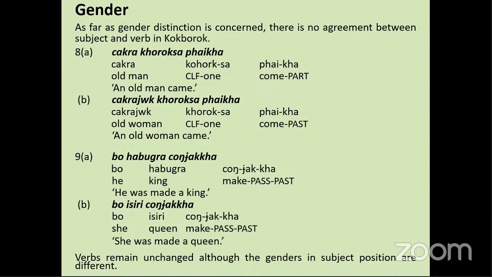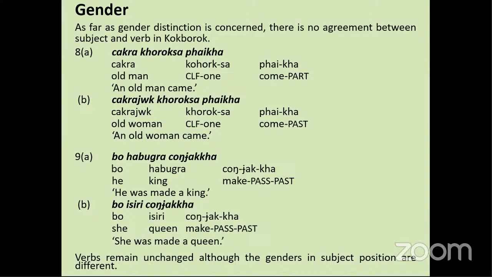Koborok doesn't have grammatical gender. It has ways of identifying natural genders. Human and animate nouns are referred to as masculine or feminine on the basis of natural sex. It means that the gender distinction is determined on the basis of natural recognition of sex.